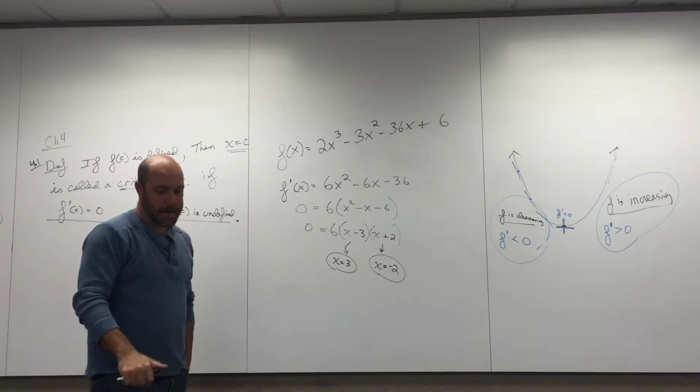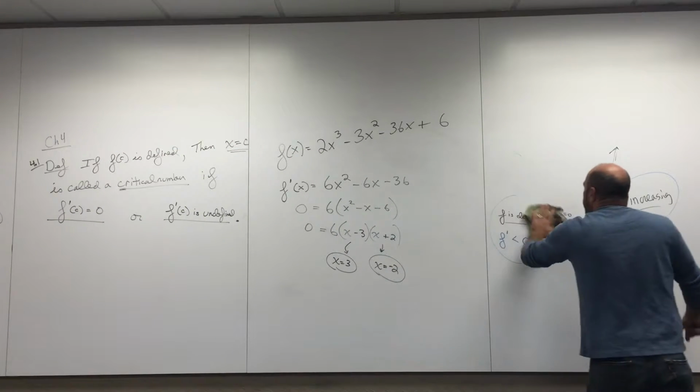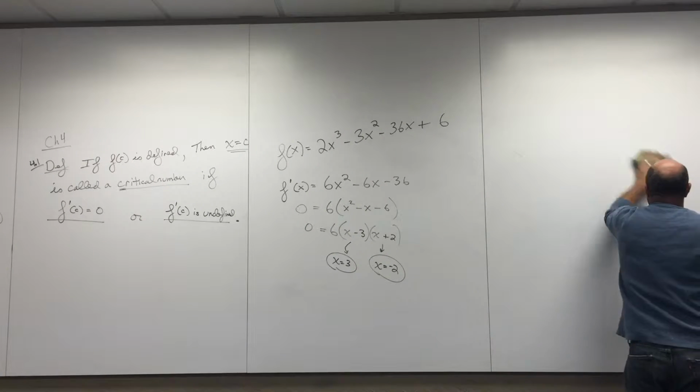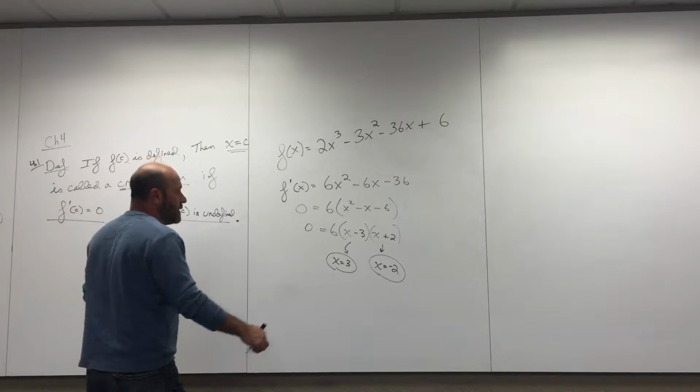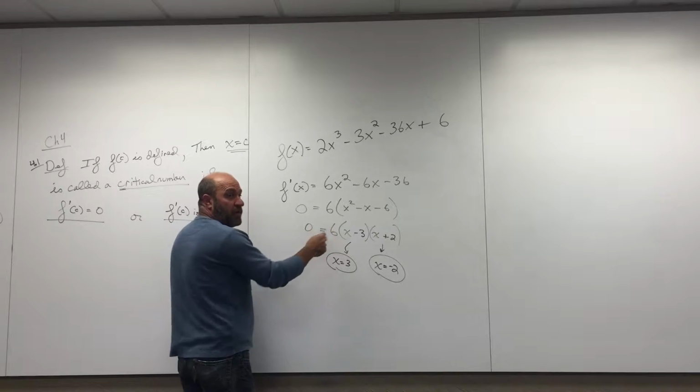Yes, Carlos? Would there be a 0 for the 6 on the other side? No, that never equals. 6 never equals 0. So when you set this equal to 0, you don't really set the 6. In fact, you could divide by 6 if you wanted to. It would be gone.